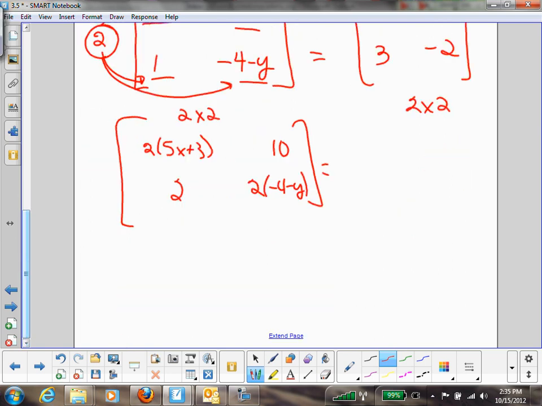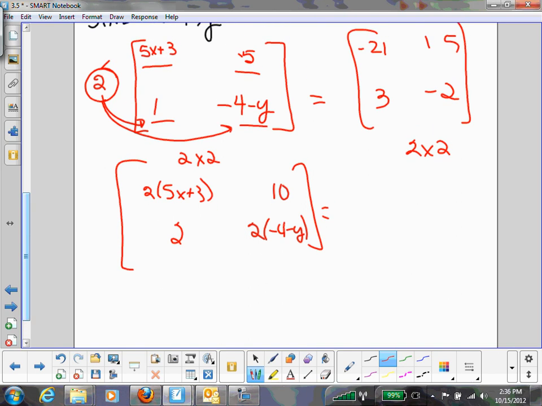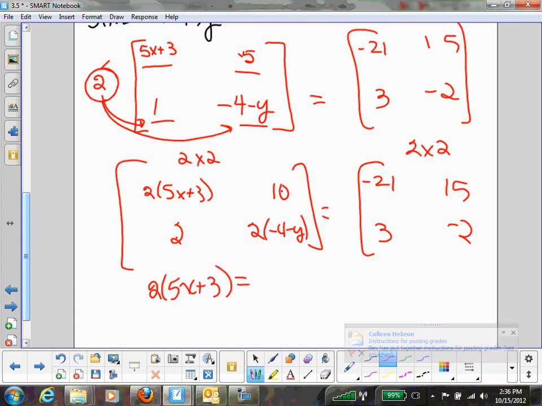All right, remember, I didn't have this set up very well, because what should have happened here is this should have been a 15 and a 3. But for argument's sake, just so we go through the process, this answer matrix means that twice 5x plus 3, what does that truly have to equal?